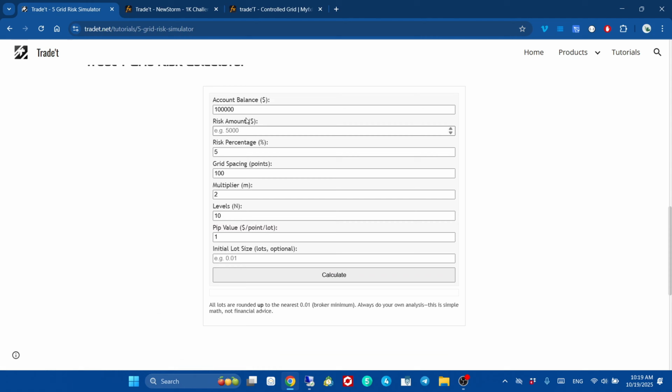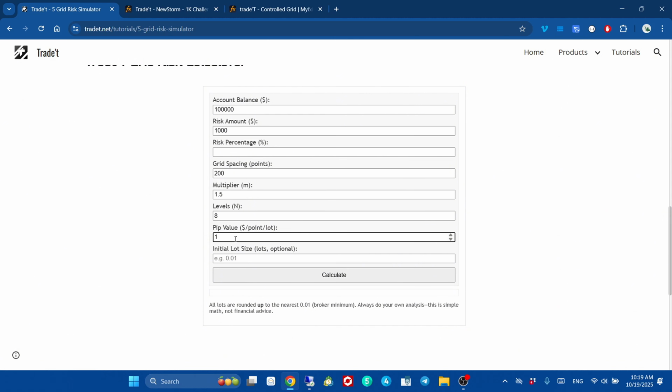But for the risk calculator by itself, let's say I'm someone who's starting with 100k. I want to risk only 1k in my batch, and let's say I'm putting a space grid of 200 points. I'm doing a multiplier of 1.5 as an example. I'm just opening 8 trades during the grid, and my pip value is 1.